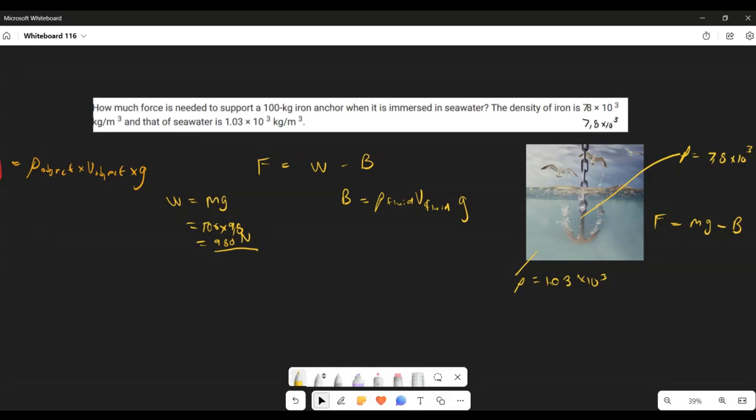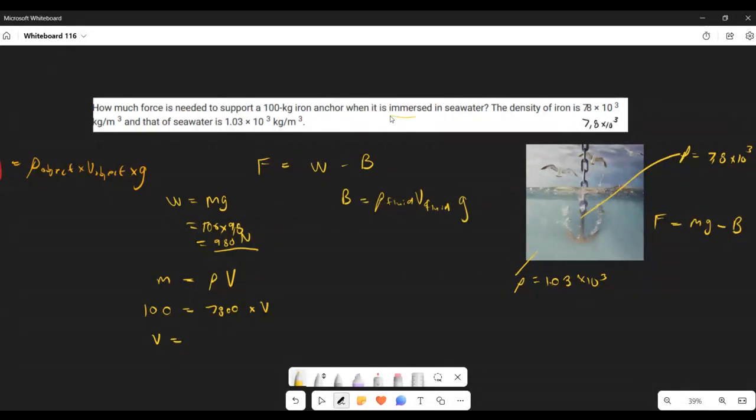But now, to find the volume, or the fluid displaced, we have to look at mass is rho V, and the mass that I'm talking about is the anchor, which is 7,800 times V, and let's get V. The reason we're going to be using the total volume in this case is because the whole anchor is submerged, right?